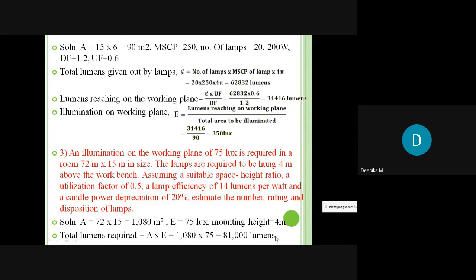So this is the total lumens which is falling on the working plane. But this is not the actual lumen, because as I told you, there may be an atmosphere which is absorbing, and there may be a working space which is also absorbing part of the light.